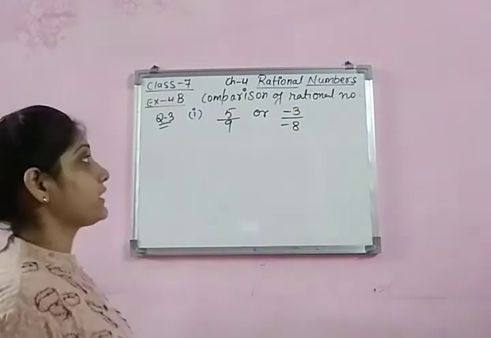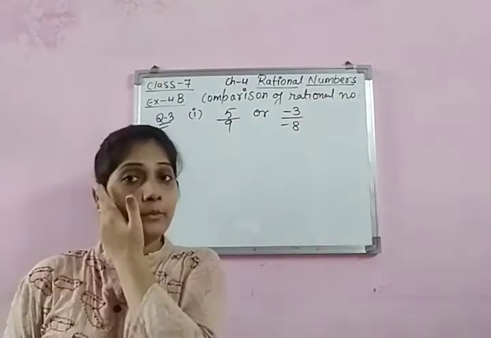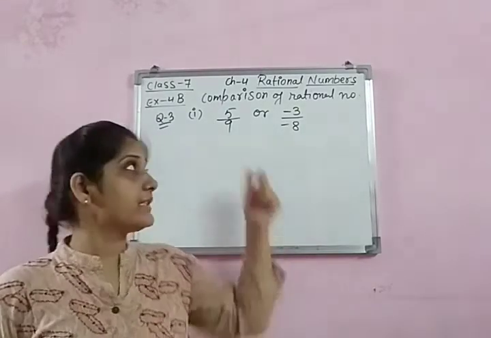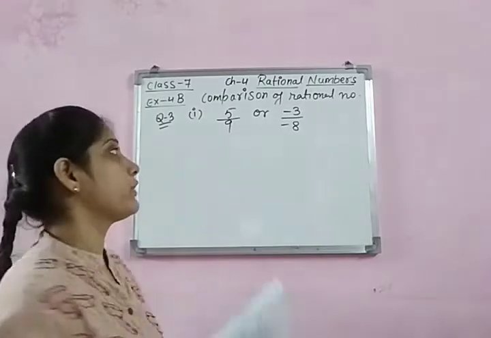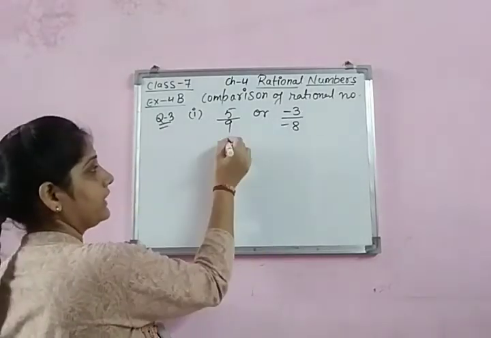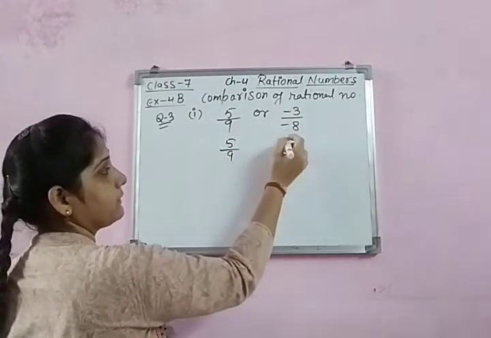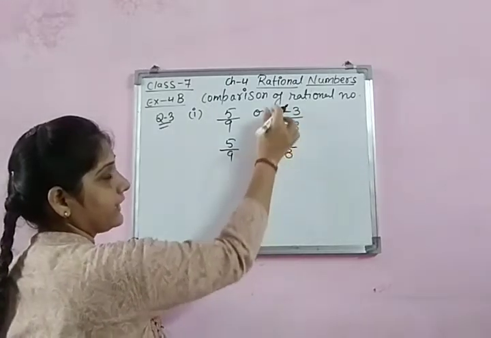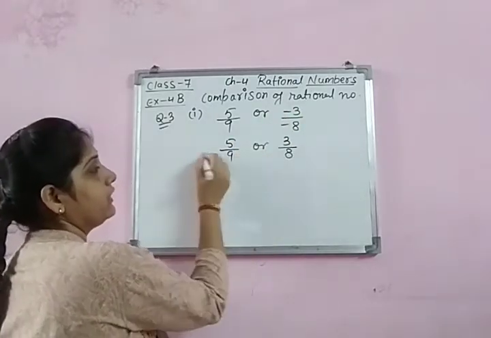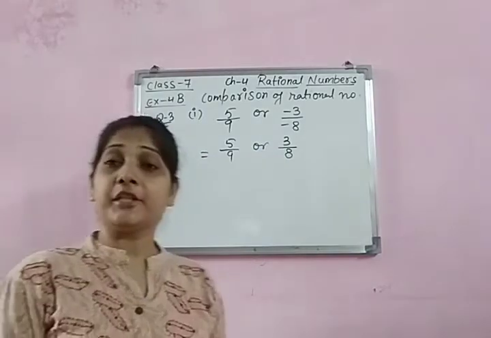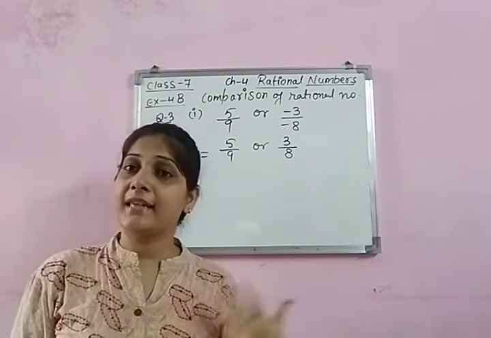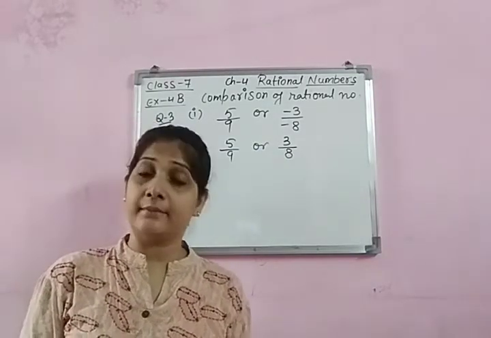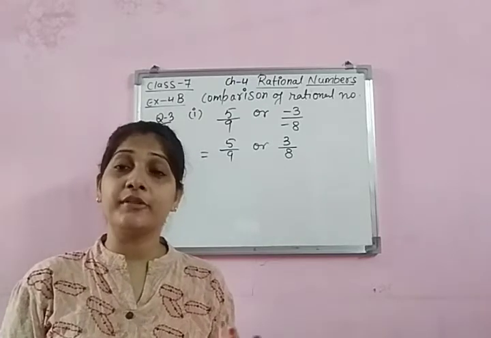Look at this question, suppose. The denominators are not same as we can see on the board, and both are positive also. Look at this. I can write this number as 3 by 8 because negative becomes positive. Now both rational numbers are positive and the denominators are also not same. So how can we compare which is bigger?